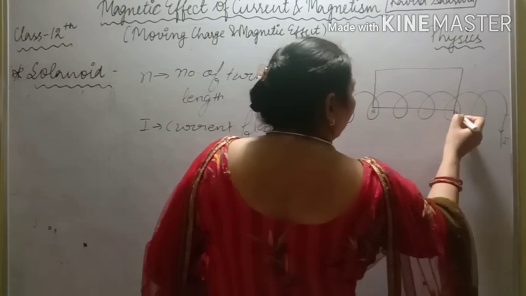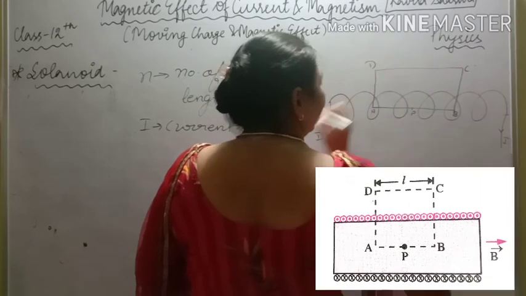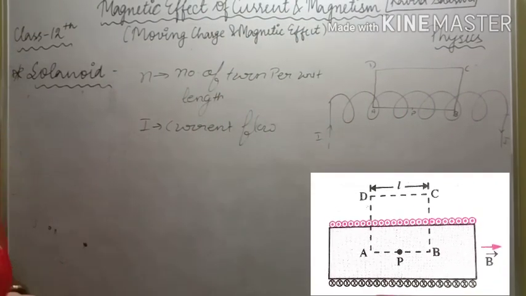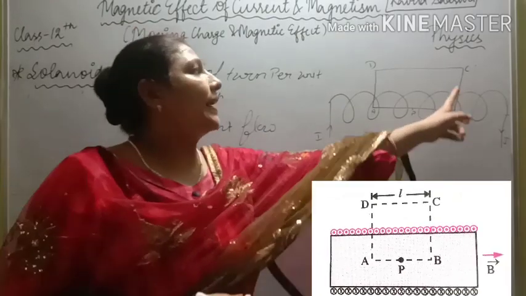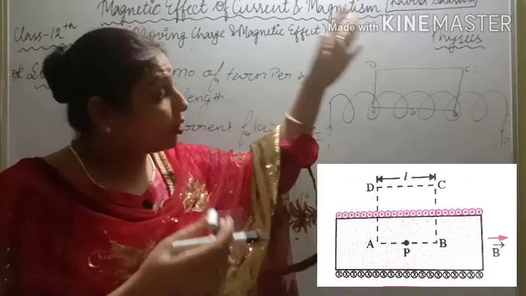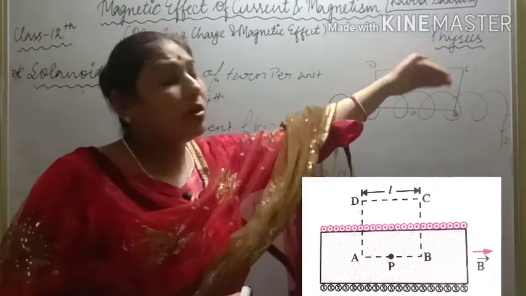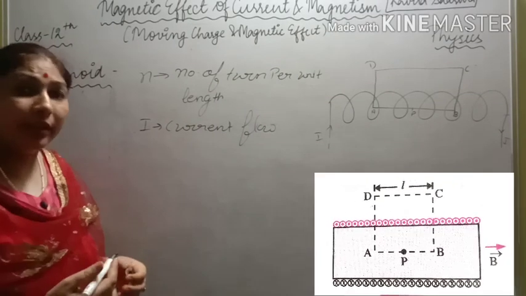A, B, this is the point P, C and D. P is the center point we consider here, and we have the rectangular loop A, B, C, D. Here you can see that CD is on the outside of this solenoid, and this solenoid is wound by insulated wire.